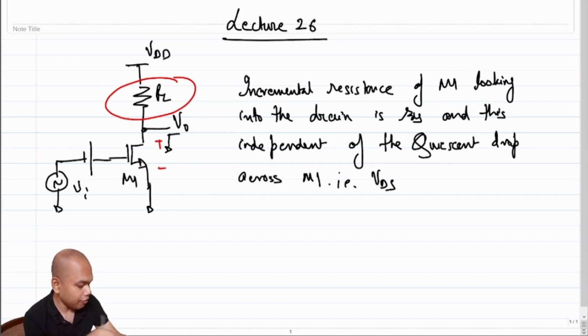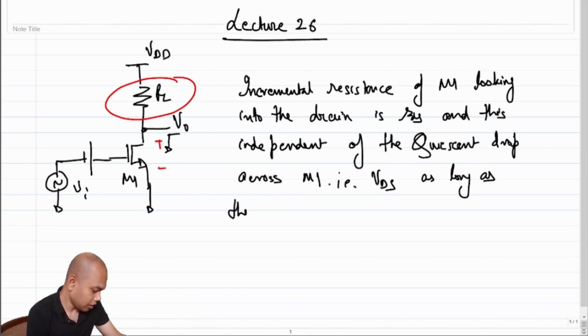So what is the key takeaway from here? RDS is independent of the quiescent drop across M1 as long as M1 is in saturation, right?